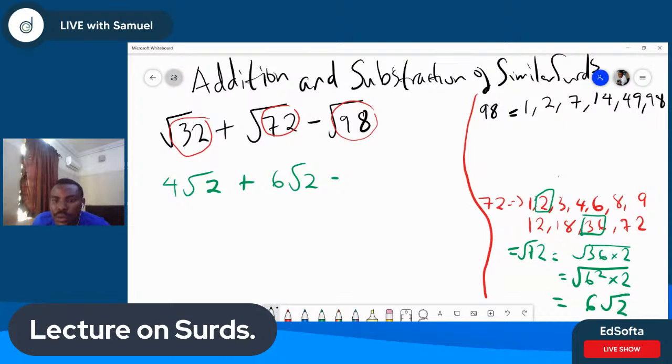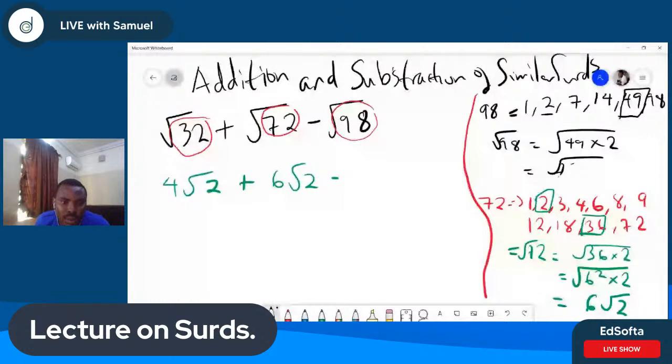We pick 2. Is 49 a perfect square? Yes, it is a perfect square. So we can have root 98 as root 49 times 2, which can be written as 7 squared times 2, which is 7 root 2 minus 7 root 2.